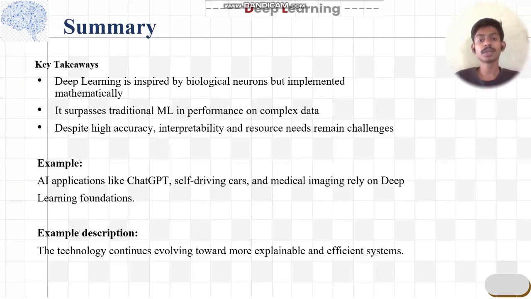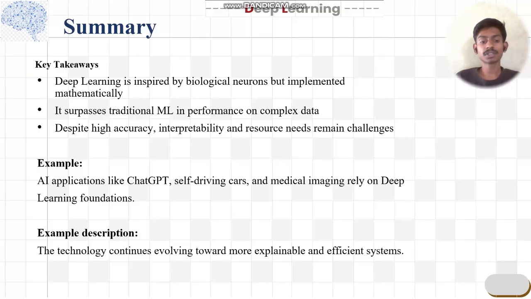So for handling complex data, these deep learning models are very much effective compared to our traditional ML models. And despite high accuracy, interpretability and resource needs remain challenges, right? So even though these models have higher accuracy and good responses, the need for a humongous amount of data still remains.